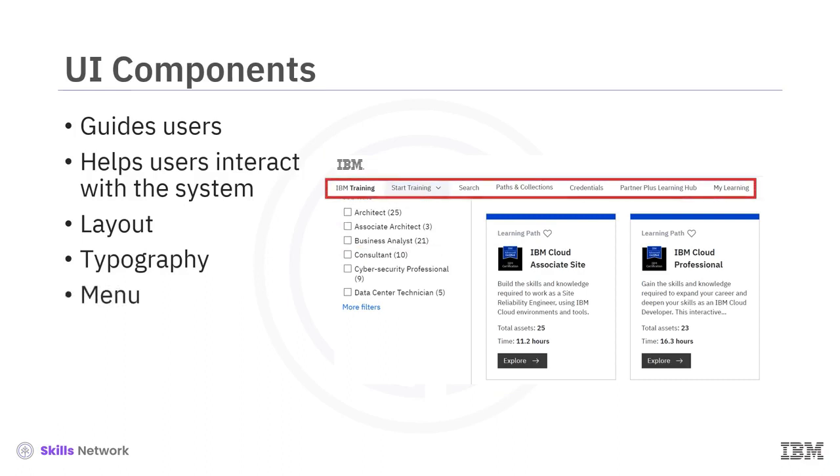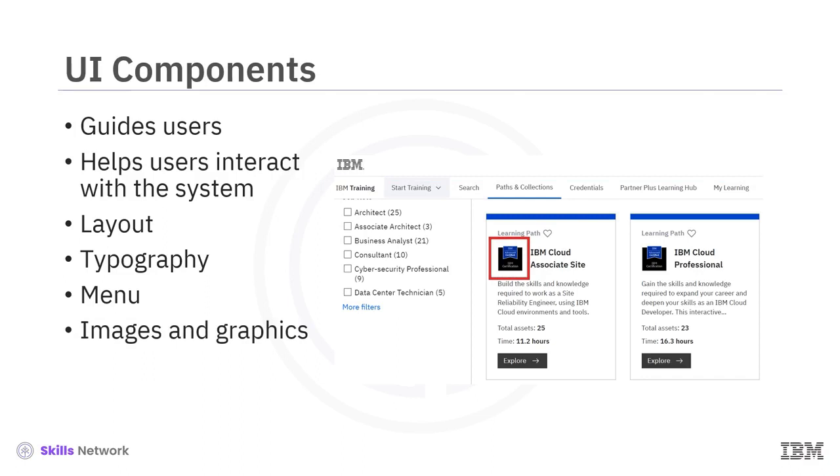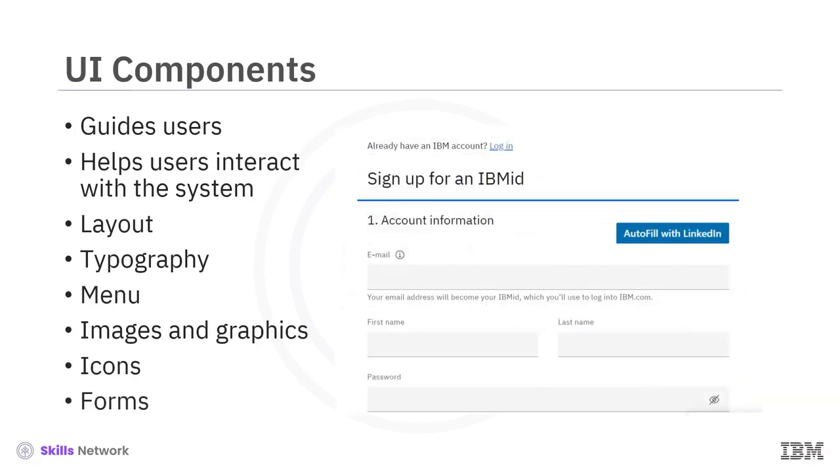Here is a list of options or actions that users can select from, also known as a menu. You can use images and graphics to enhance the visual appeal and convey information within the user interface. Visual symbols that represent actions, objects, or concepts are icons. Lastly, to input data or provide information, you can use forms.